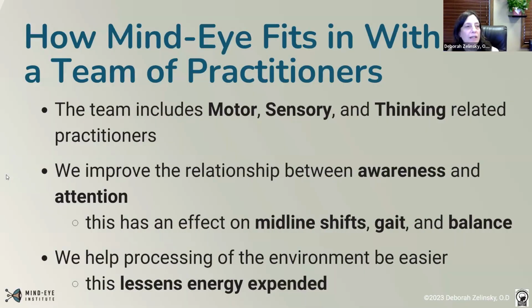So how do we fit in with a team of practitioners? The team is going to include the things we mentioned before, the sensory groups, the motor groups, the thinking groups. We have different practitioners. There actually is also an emotional group too. So you'd have psychiatrists, psychologists, social workers working to help, and counselors, addiction counselors. But there's also a group of motor practitioners that work: physical therapists, occupational therapists, chiropractors, all different kinds.